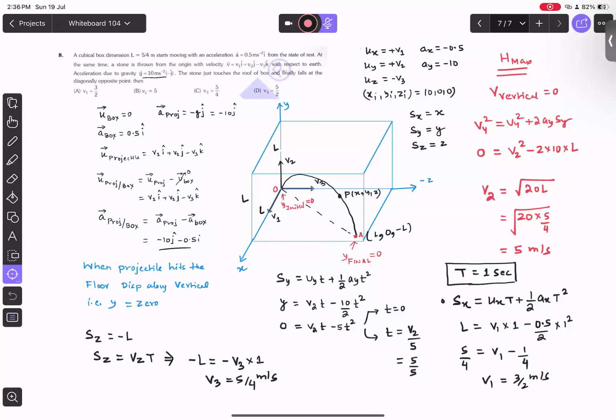Clear or not? Easy, no? It became a simple question, like from the ground frame only. So solving this question from the box's frame is sort of essential. Correct? Okay then. If anyone is having any trouble, tell me.